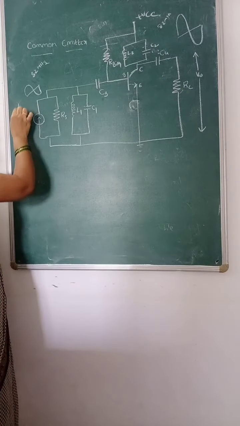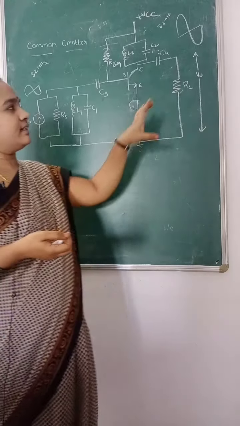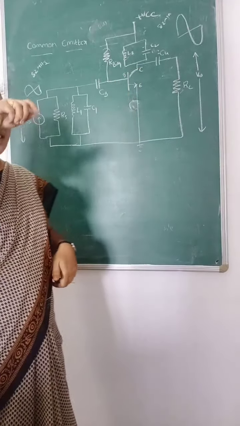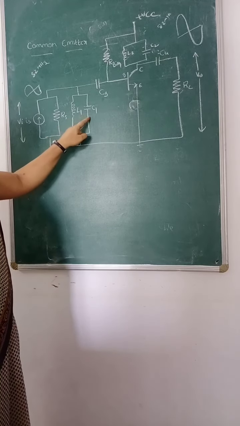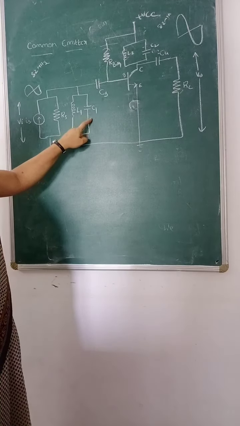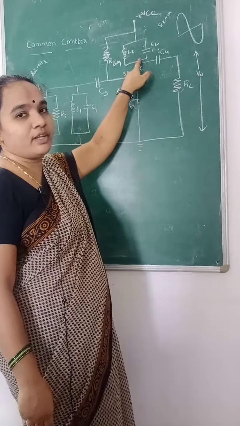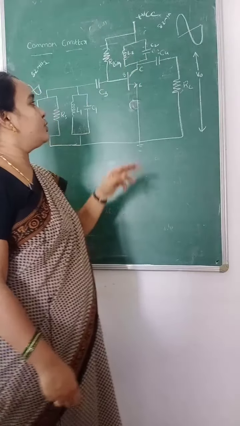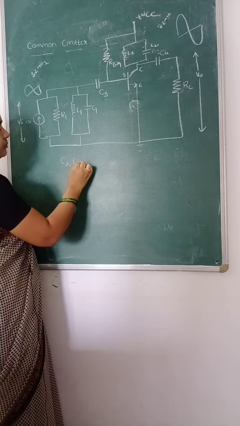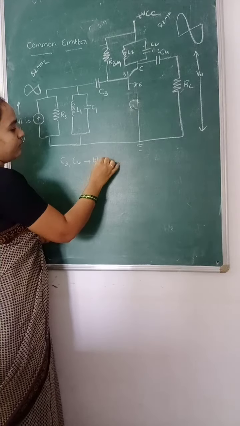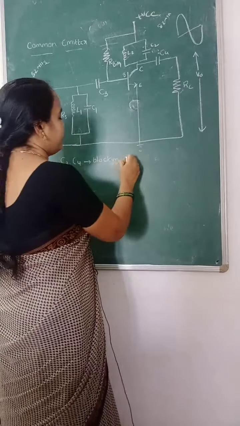The input signal is given at the input circuit, and the output is collected across the load resistance. Here the input tank circuit is the parallel combination of L1 and C1, and the output tank circuit is the parallel combination of L2 and C2. C3 and C4 are called blocking capacitances. The purpose of these blocking capacitances is to block the high frequencies.